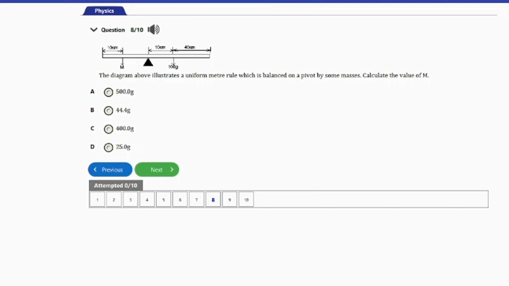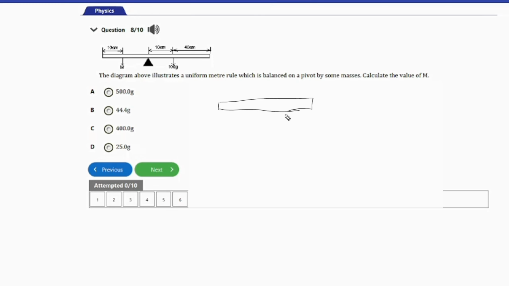Question number 8 says, the diagram above illustrates a uniform meter rule which is balanced on a pivot by some masses, calculate the value of m. So guys, looking at this meter rule given to us, we are going to do a replicate of this. So we'll have this meter rule, and then we'll draw the angle here showing the midpoint or the center of gravity where it pivots.